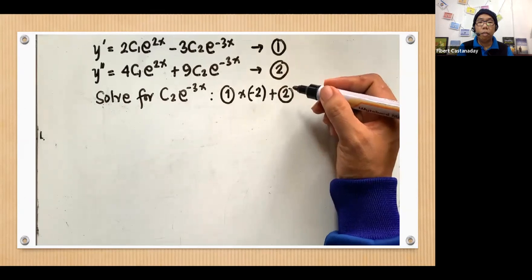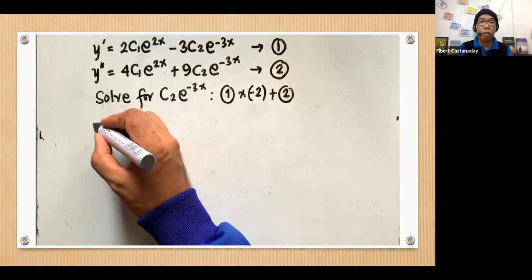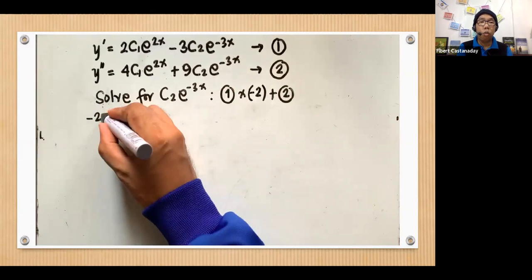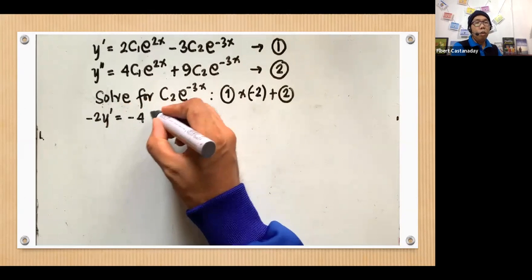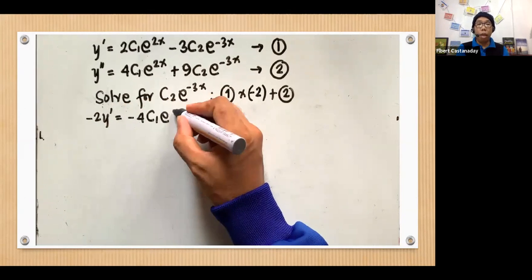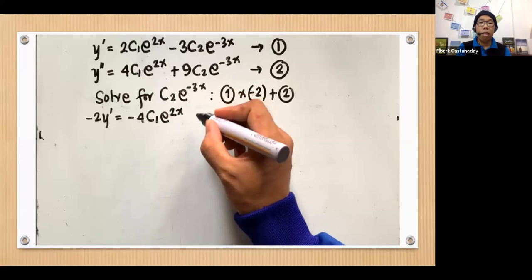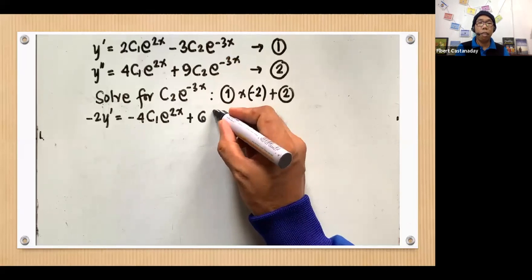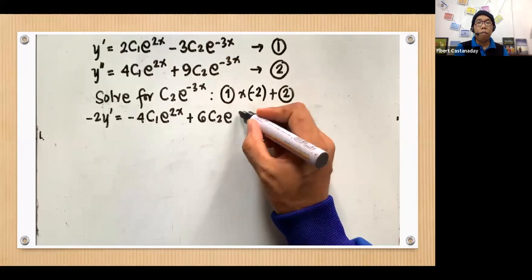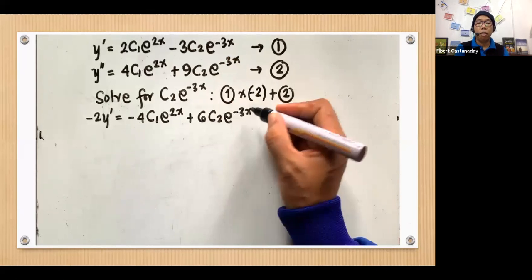Okay, so first multiply the entire equation 1 by negative 2. So we have minus 2y prime equals minus 4 c sub 1 e raised to 2x. And then minus 2 times minus 3, you have positive 6 c sub 2 e raised to minus 3x.